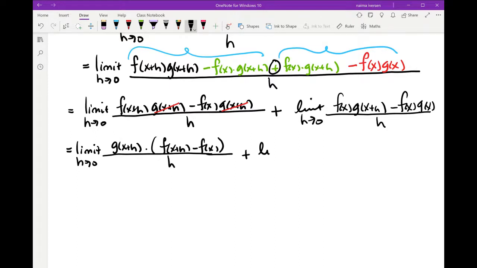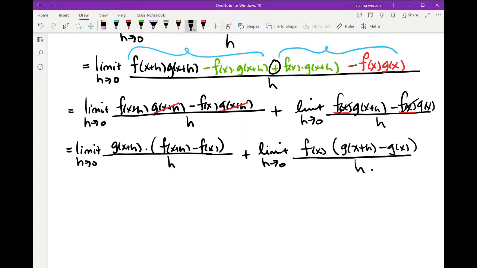And I'm going to do the exact same thing to that second fraction. As you can see, this is a fairly long and sort of involved algebraic proof, but like I said, I'm doing this just in case you ever have to see it in your future, so you know what the secret is. My GCF for this one right here is f of x, so I'm going to factor out my f of x, and I'll be left with, once I factor those guys out, g of x plus h minus g of x, and it's all divided by h.